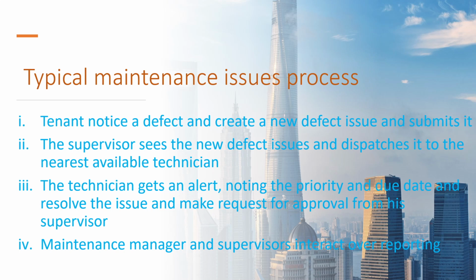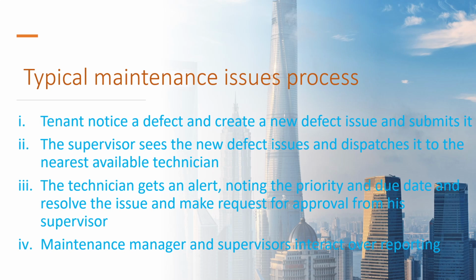Therefore, the day-to-day activity of this app is as follows. The tenant notices something in their apartment, any defect, and creates a new defect issue through the application and submits it. The supervisor will see the new defect issue and dispatch it to the nearest available technician.